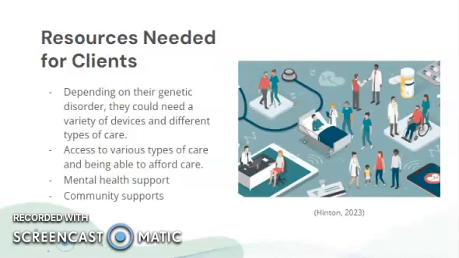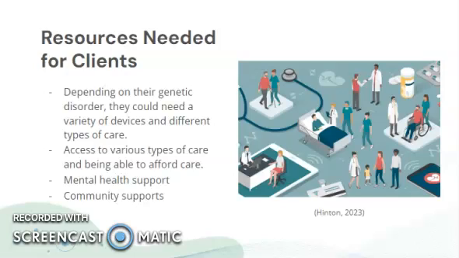Resources needed for clients. Depending on their genetic disorder, they could need different devices, so maybe an insulin pump, or an airway clearance device, etc. Mobility devices, as well as different types of care. So maybe they might need a nutritionist or a physical therapist, whatever that looks like.